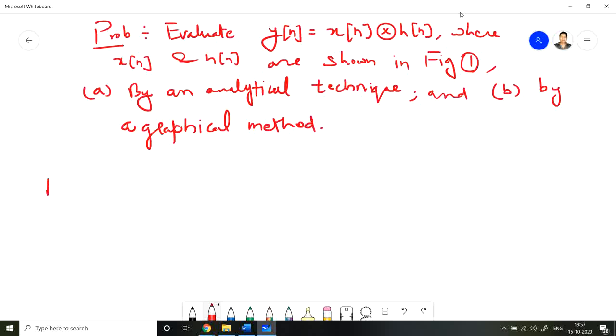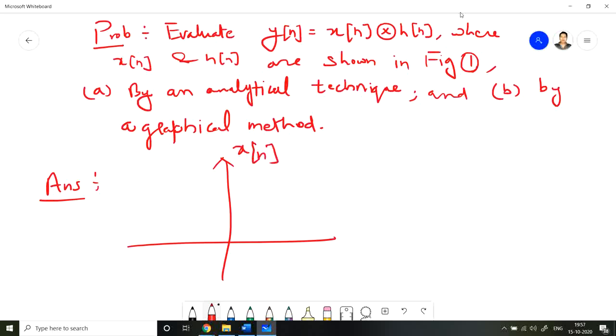So let us do this problem. First, we have to draw figure 1. The x[n] is given as: for n equal to 0, the value is 1. For n equal to 1, the value is 1. For n equal to 2, the value is 1. And for n equal to 3, the value is 1.